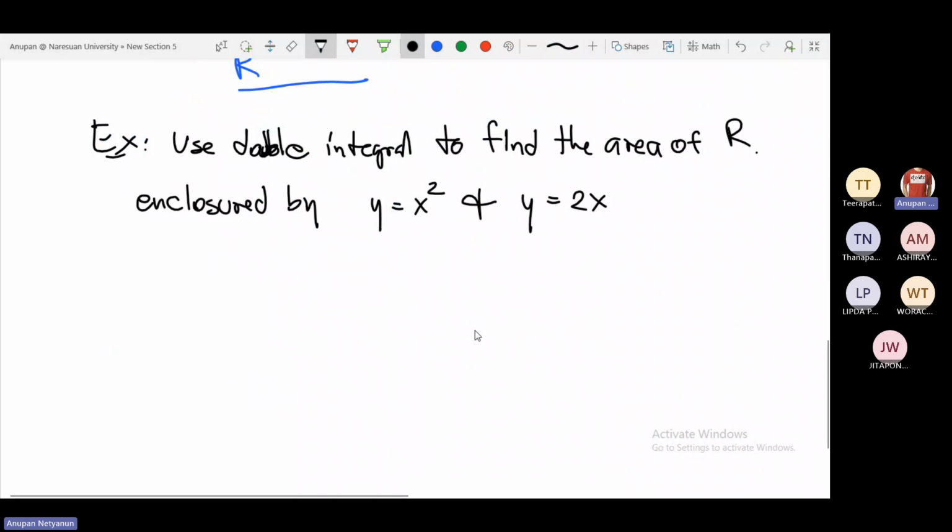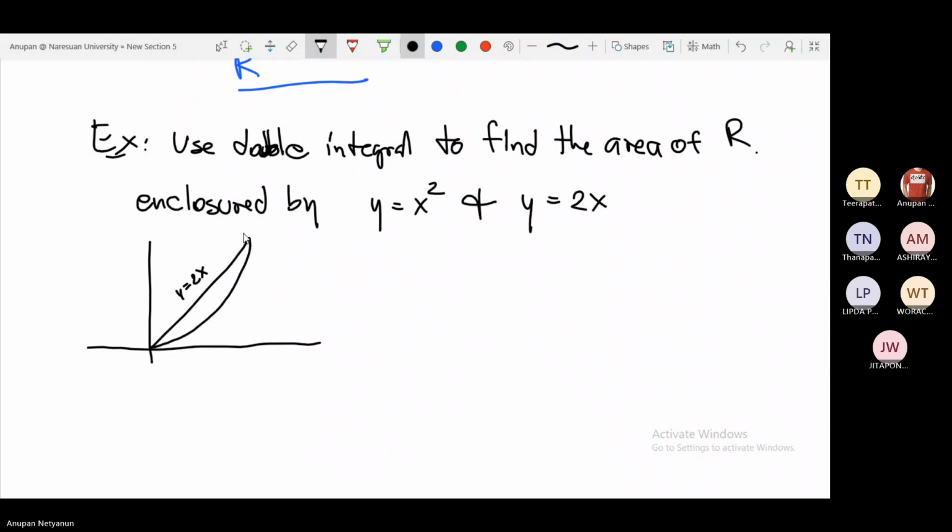Let me draw a graph for you, which is, you have a straight line, y equal to 2x, and then there's going to be a parabola, which is, sorry, you should have over 2 here, okay?